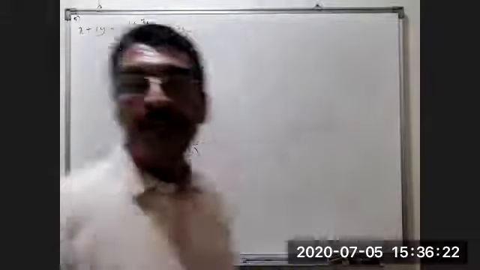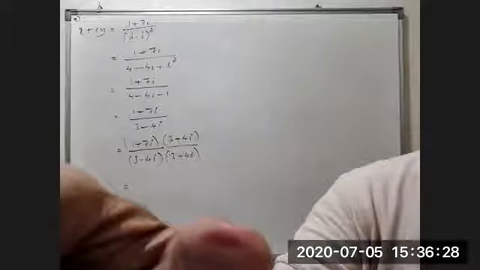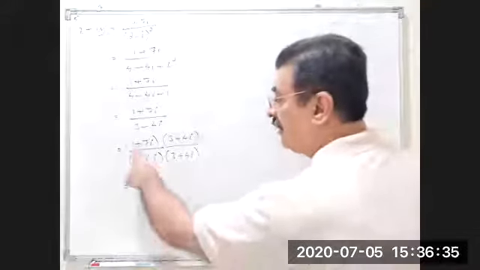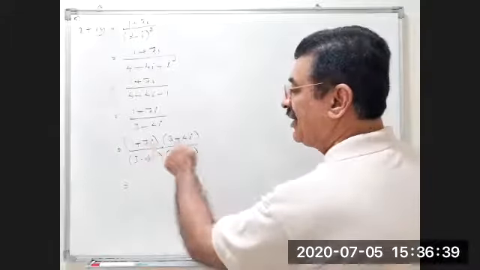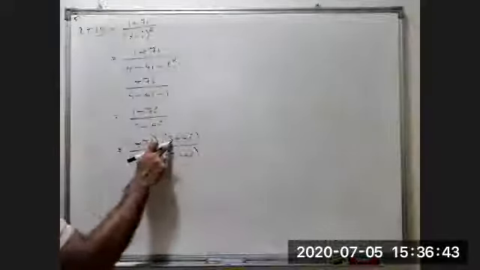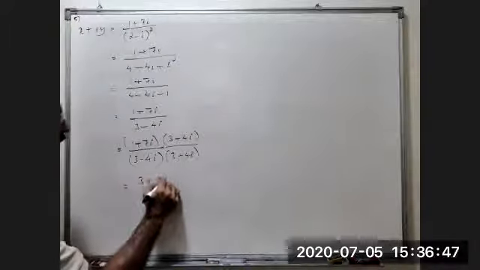Now, numerator, expansion like normal expansion. Take 1, multiplying with these two, then take 7i, multiplying with these two. Taking 1 and multiplying into 3 plus 4i: 1 into 3, 3, 1 into 4i, 4i.